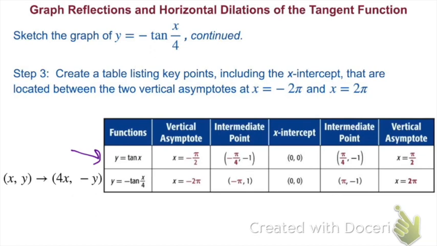And then when we do this, we find our vertical asymptotes at negative 2 pi now instead of at negative pi halves, which we saw on the last slide. Our x-intercept, like I said, is halfway between the two verticals, so it's at 0. And if you did the transformation just off your point, 4 times negative pi fourths is negative pi, and negative 1 is positive 1. So we have a table of values we can graph.